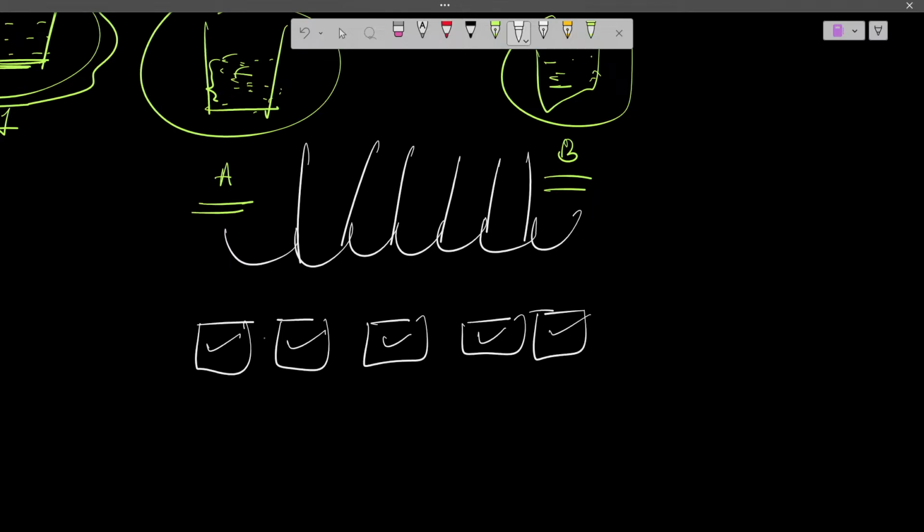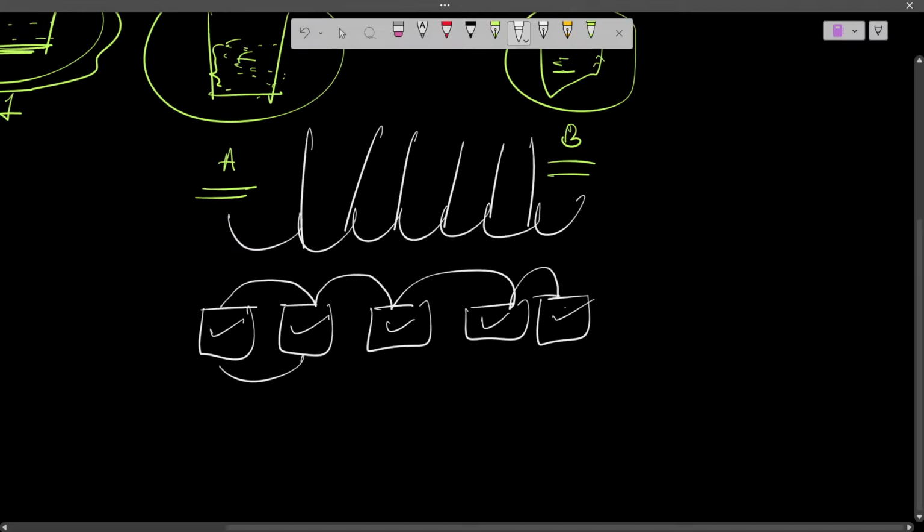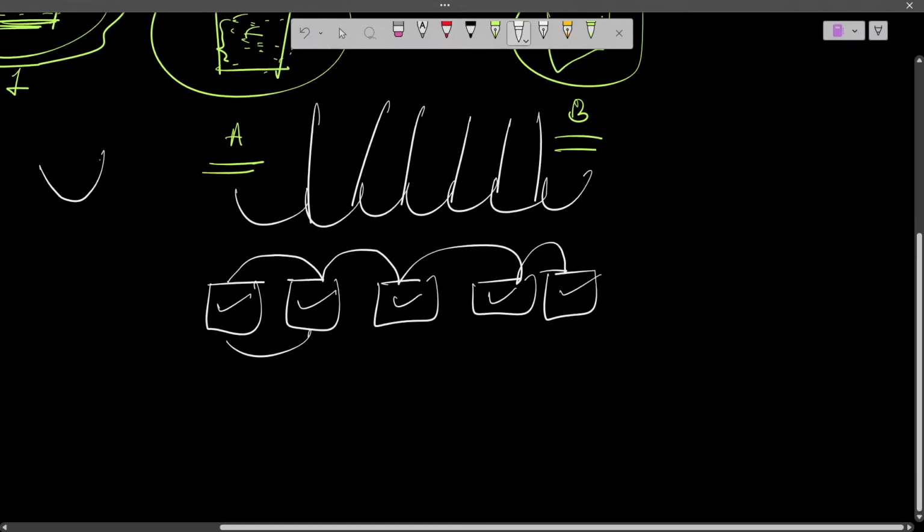Then we don't have to move it all the way. We can just pass it from person A to person B to person C to person D to person E. So let's say we have 10 buckets.